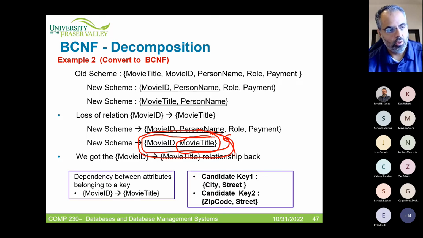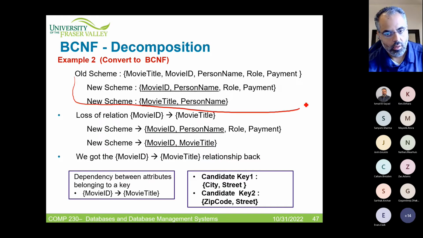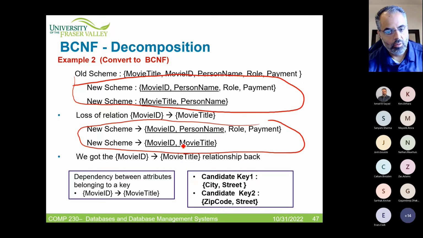So now we have two options. Either we go to this decomposition, and this is okay, no violation, or we keep this decomposition, but we need to consider this as a candidate key. If you consider this a candidate key, now we have this relationship returned back.